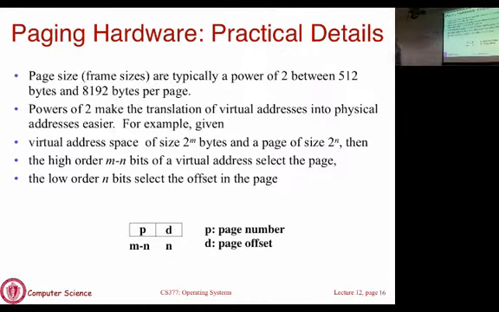Then all you need to do is look at the high order bits and the low order bits of any address I, because the division is the same as looking at the high order and the low order bits. Is that clear or not clear? I can show an example to convince you a little more.